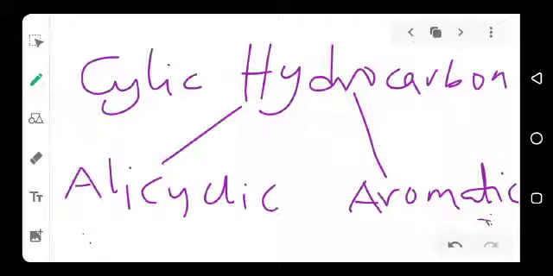Something like when we draw our benzene, of course we always draw something like this. It has alternating double bonds. Therefore this one, benzene, is an aromatic hydrocarbon or aromatic cyclic hydrocarbon. But when we draw a structure like this, a structure that resembles a benzene, it resembles a benzene.